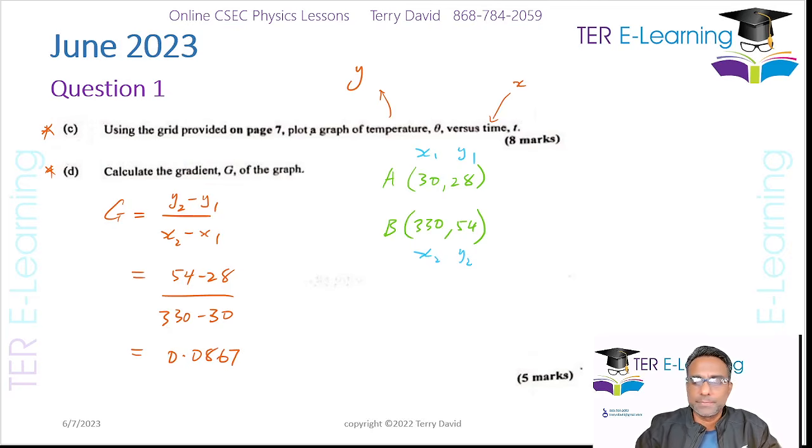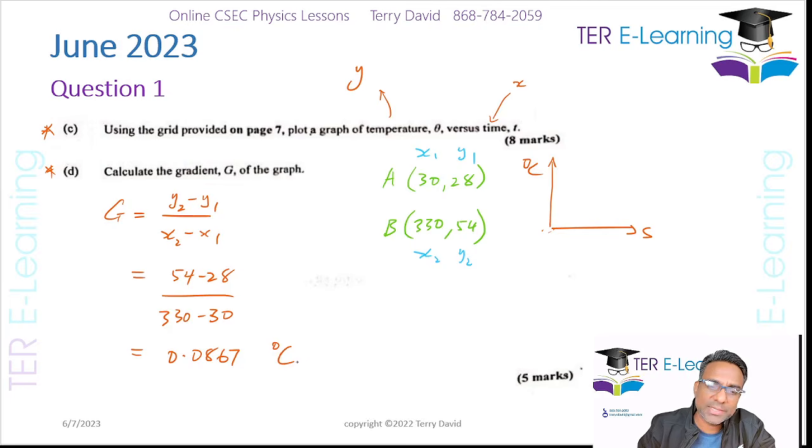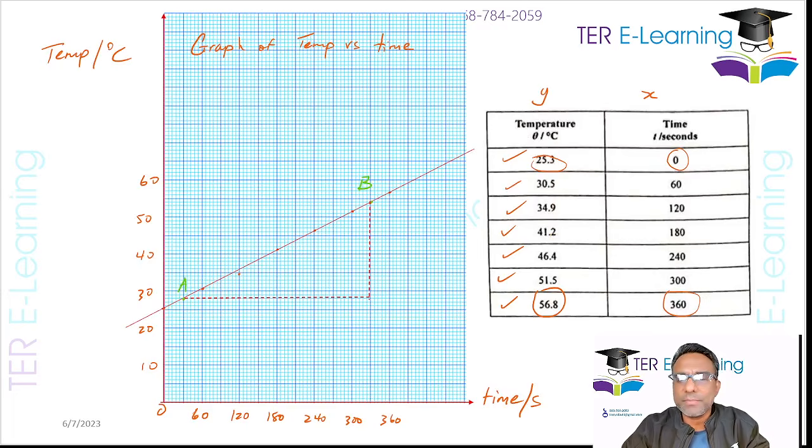Now remember, your answer is going to vary depending on what points you selected. Since we plotted temperature, which is in degrees Celsius, against time, which is in seconds, your unit here is going to be degrees Celsius per second. Like I said, this number is going to vary depending on the points you select. Now let me just double check something here.